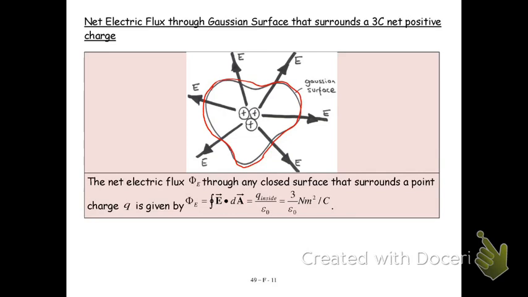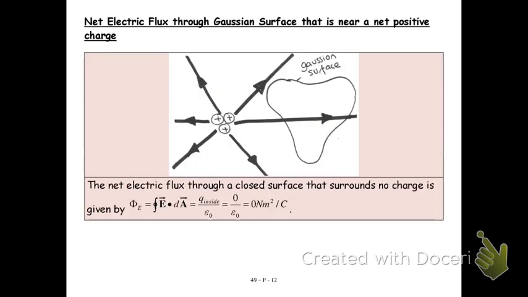The net flux through any closed surface that surrounds the charges is Q inside over epsilon naught. So this is just three positives over epsilon naught. Boom. Very straightforward.